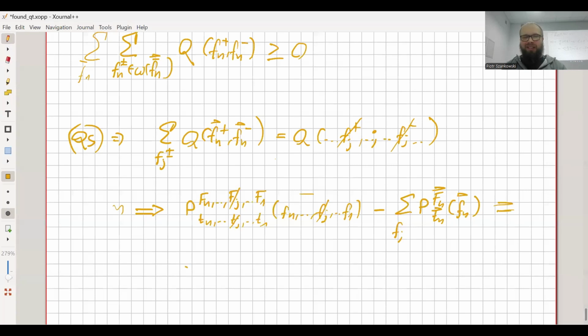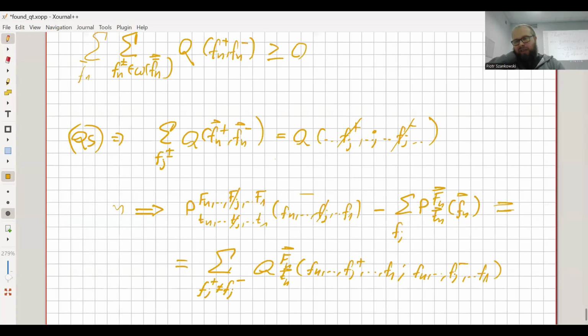We know what it is. And this remainder is you take the sum over Fj plus that is different than Fj minus. You take Q, Fj plus, F1, Fn, Fj minus, F1.